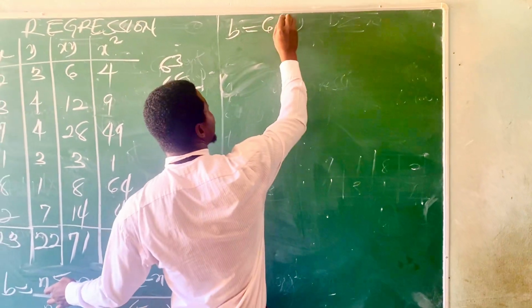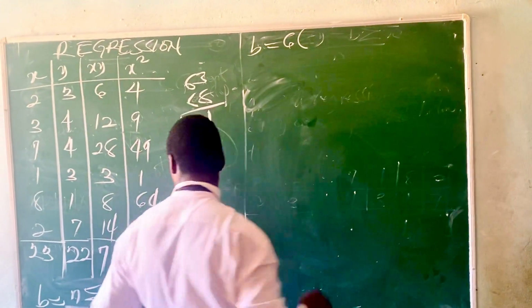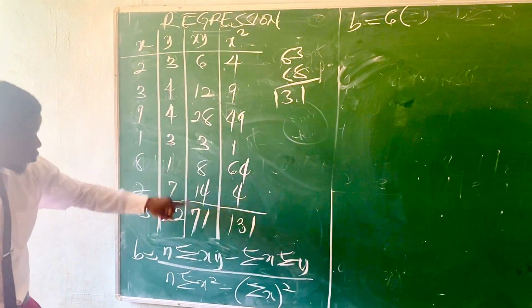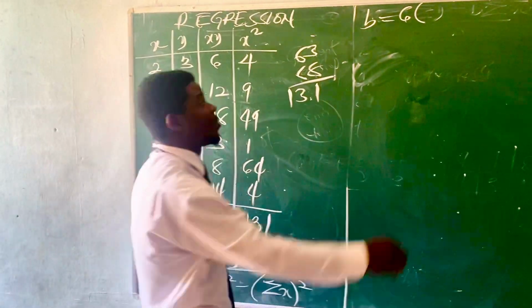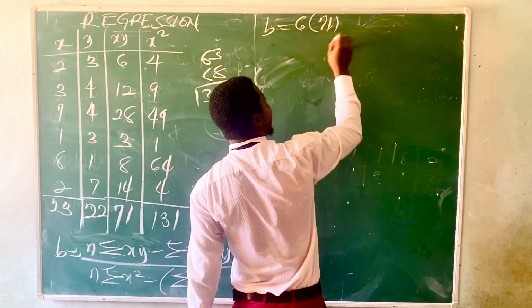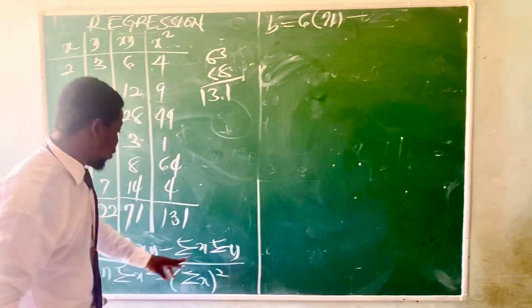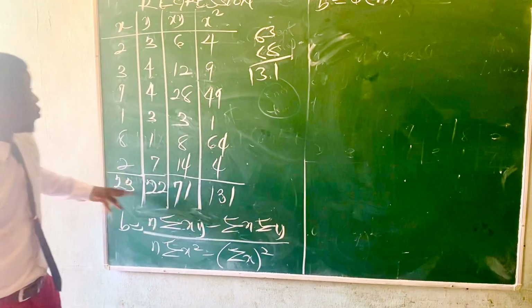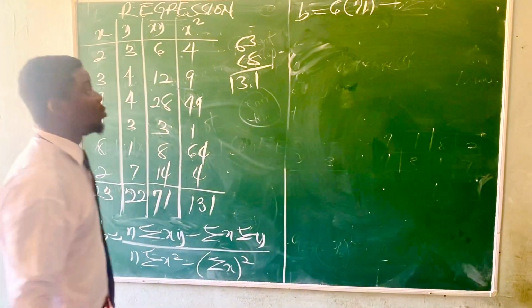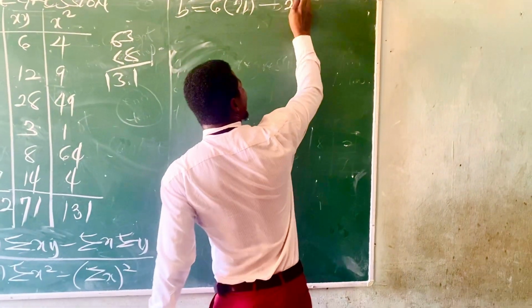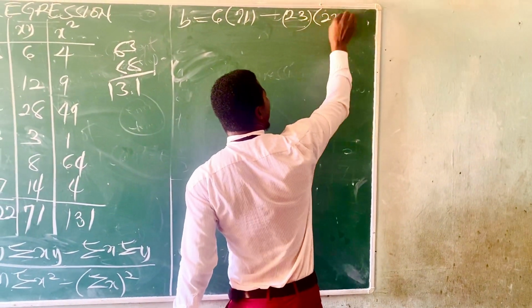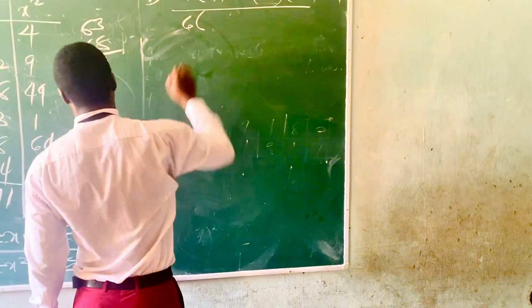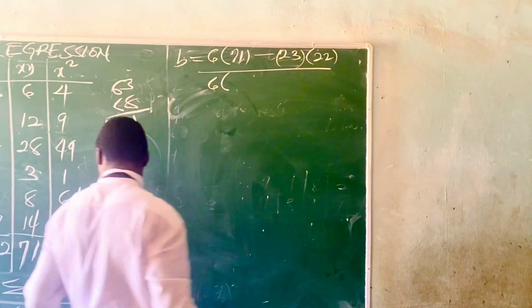So you have 6, of course, multiplied by summation xy, which is 71. So you substitute the 71 here, minus, of course, summation x, which is 23, times your summation y, which is of course 22. So you have your 23 multiplied by 22, all over your n, which is 6, times your summation x squared.